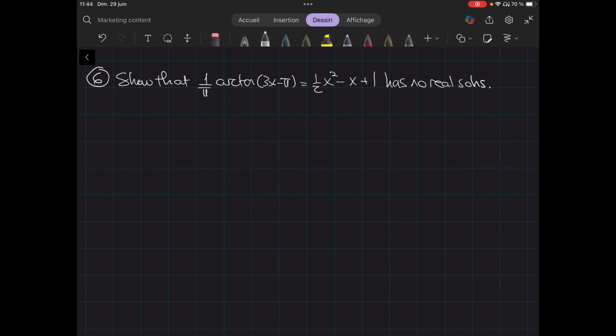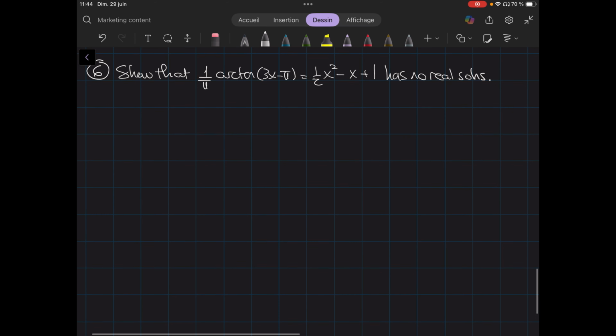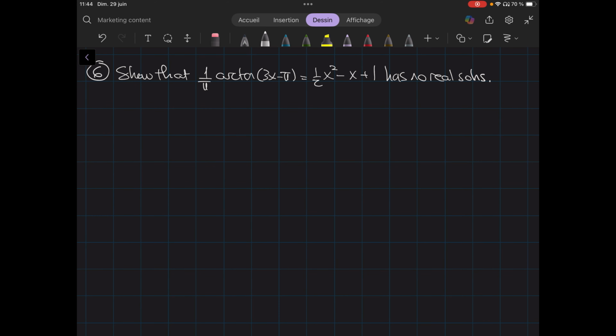Question 6 is another equation, but this time we are asked to show this equation has no real solutions by considering the range of each function. So let's look at the left-hand side. y equals 1 over pi arctan of 3x minus pi.